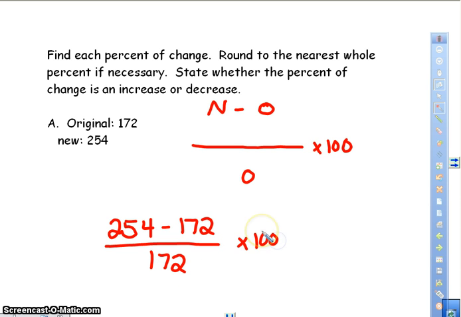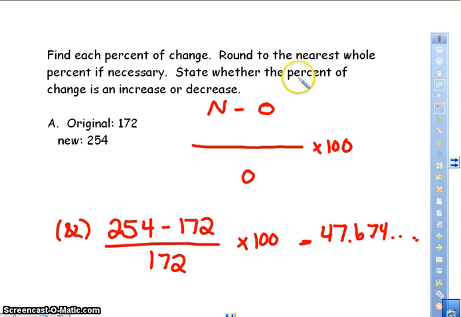Multiply by 100. Okay, so with my calculator, I have 254 minus 172, and you get 82. And then I'm going to divide 82 by 172, and multiply that answer by 100. You get 47.674, and so on.